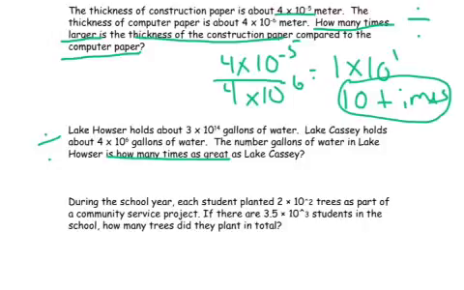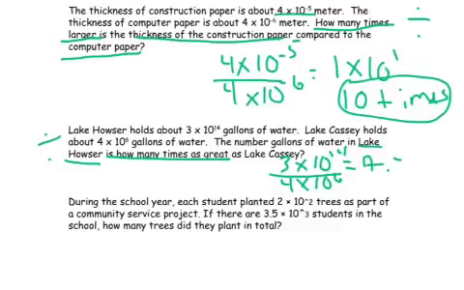So since it has Lake Hauser stated first, you're going to put that in your numerator, so 3 times 10 to the 14th, and divide it by 4 times 10 to the 6th. Use your calculator, and you would get 7.5 times 10 to the 7th power. Your final answers must be written in scientific notation.